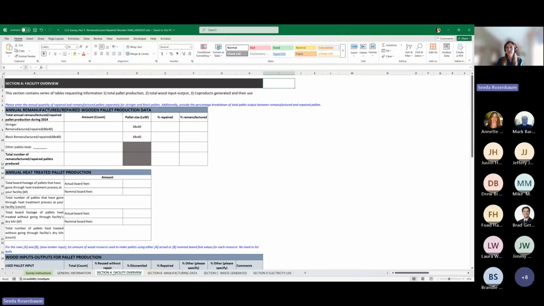So in this survey, we decided to try a different approach and go from the inputs. We will have the information on the board feet of wood coming in, the amount of pallets produced, and the amount of wastage. That's how we are going to calculate the average board feet per pallet in the study.